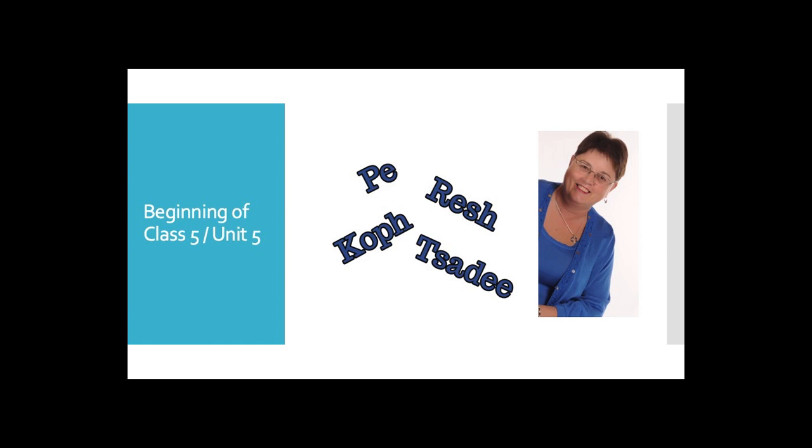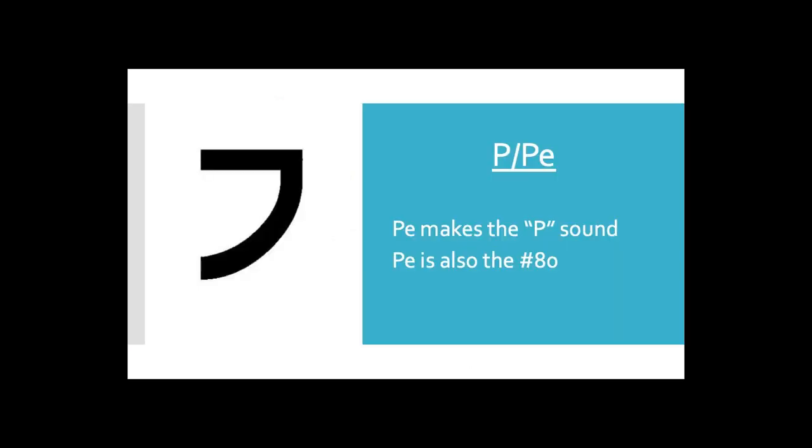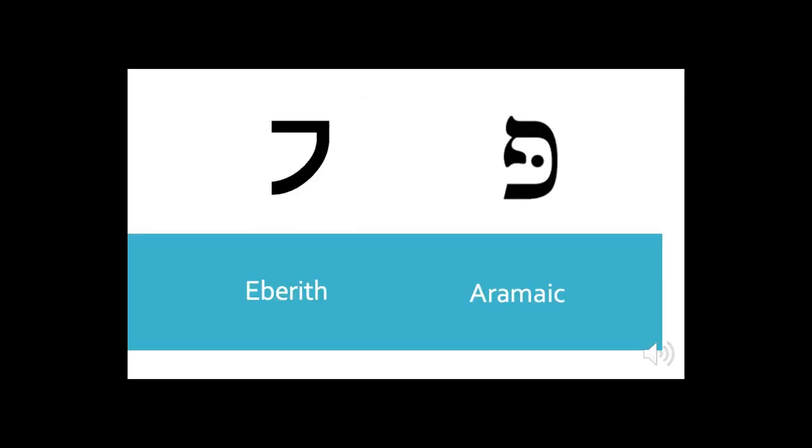Today we are going to meet the letters Pei, Tazi, Kuf, and Resh. On page 89, we have our first letter, which is Pei. It represents the P sound, and it represents the number 80. Here we have how it looks in Eberith and Aramaic.